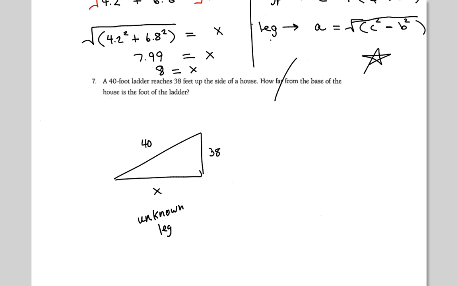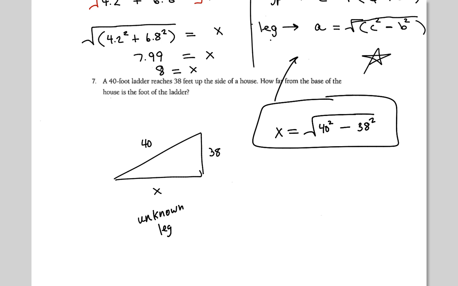So I can skip to my cheat. It's not really a cheat, it's like a shortcut. I know that to solve for x, it'll have to be a subtraction. Put the big number first and we're squaring. You type this into your calculator with brackets, you'll get it every time. So I got a 40 squared, take away a 38 squared.